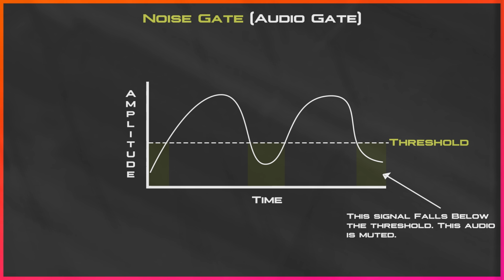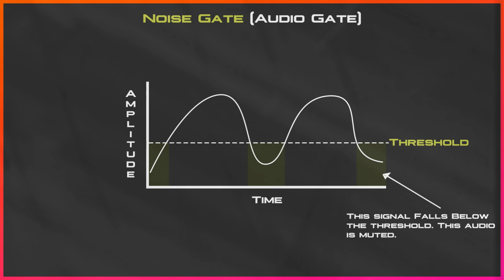And lastly, the release time is the amount of time it takes the gate to change from open to fully closed once the signal has fallen below the threshold. This is what makes that gradually fading effect versus the audio just being cut off as soon as the signal reaches that threshold level.